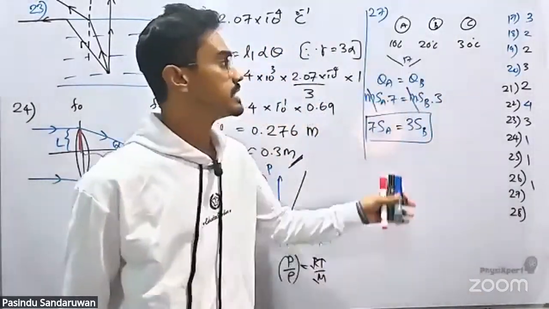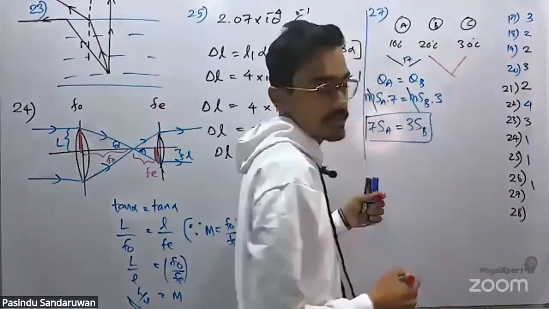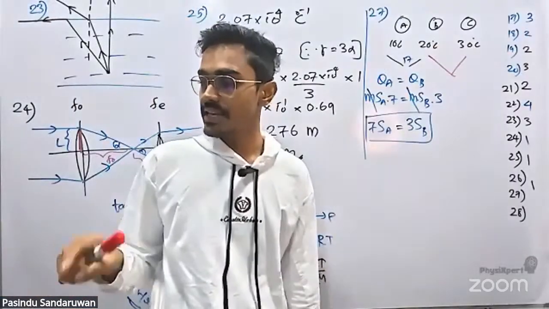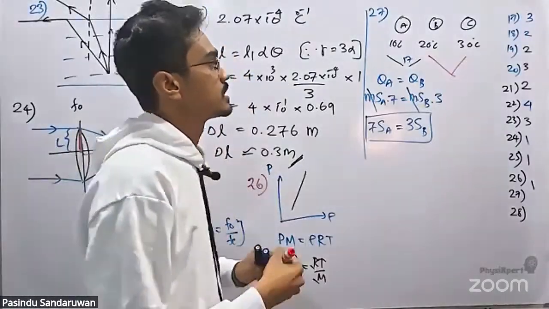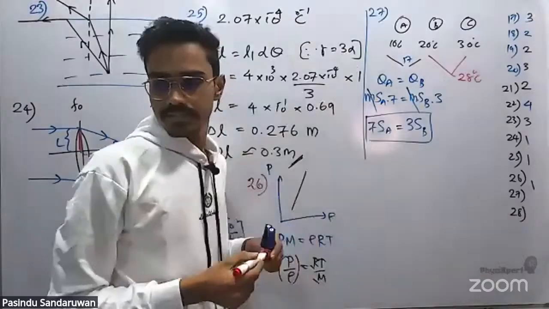Then these two are mixed now, B and C. For equal masses of B and C, the final temperature is 28.